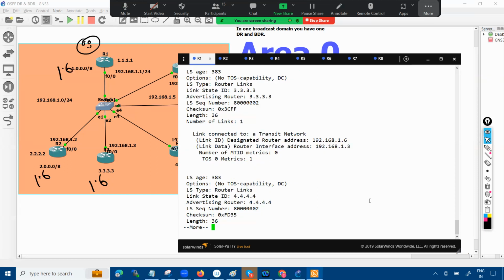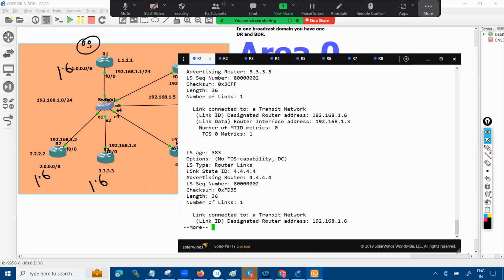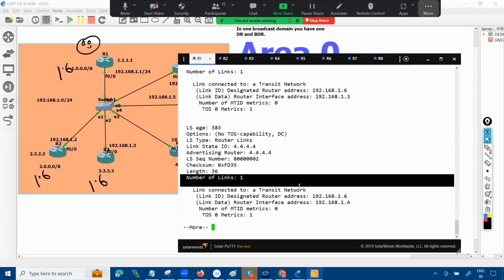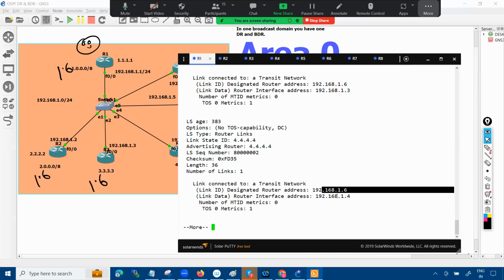Now I'm sitting on router 1 and I can see the information of router 4 as well. One link, which is the transit, and he also has the same DR. Now I can see R5.